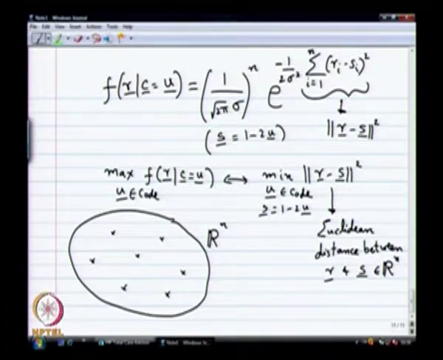You convert the code word into symbols. So, these are the S's. The stars are 1 minus 2u, when u belongs to the code. You can call them symbol vectors corresponding to the code word, or coded symbols, something like that.